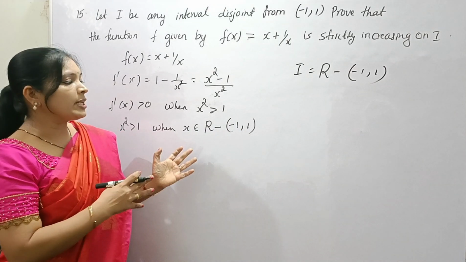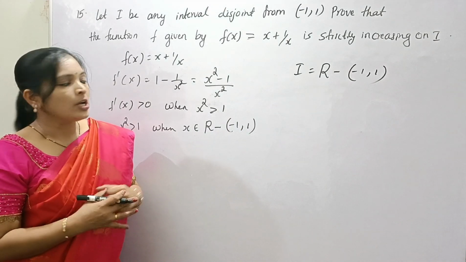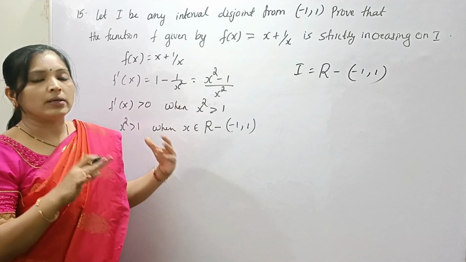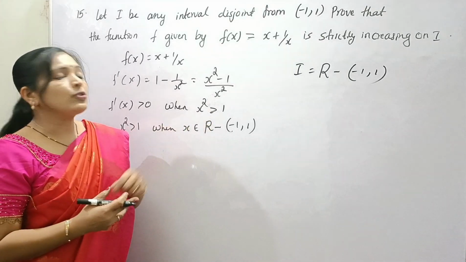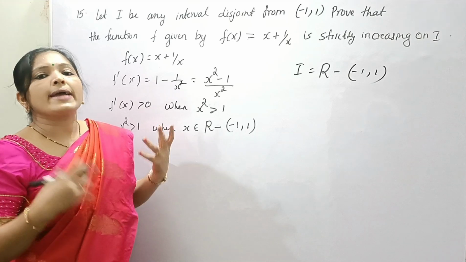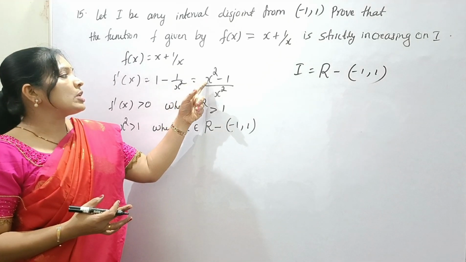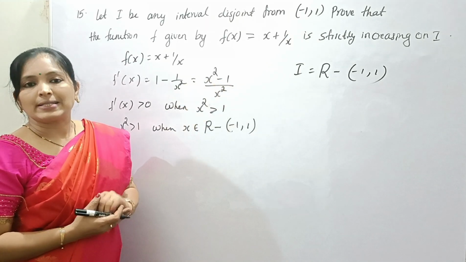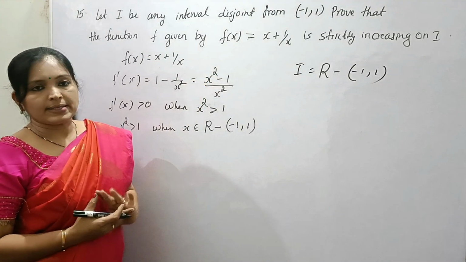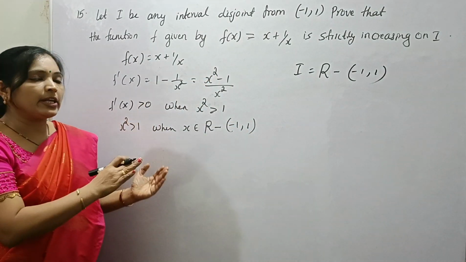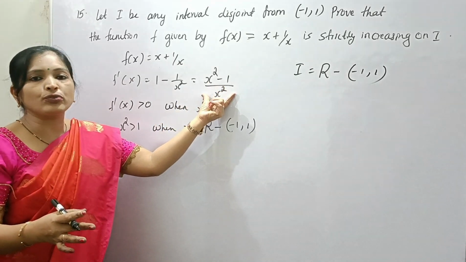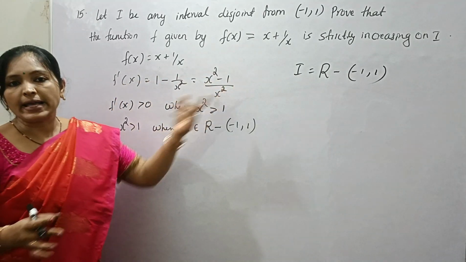Here -1 and 1 are not included, so the values close to -1 and 1 matter. See, 0 is included. If you substitute x equal to 0, x square is equal to 0, so 0 minus 1 will be negative. So if you substitute any value between -1 and 1, you will get a negative value, that is f dash of x less than 0.